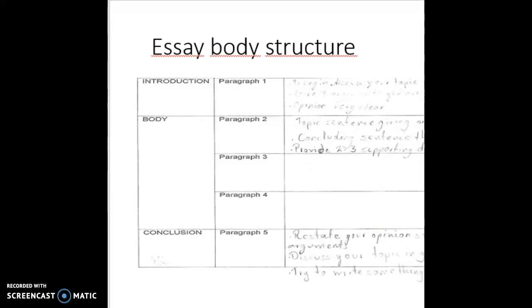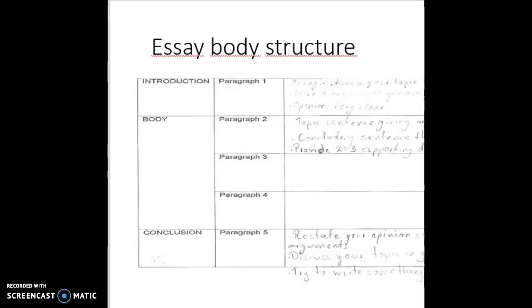Then, in the last part, but not least, of how to write an essay, we have the essay body structure. You can see that it has three main parts: the introduction, body, and conclusion, but you have to write 5 paragraphs.